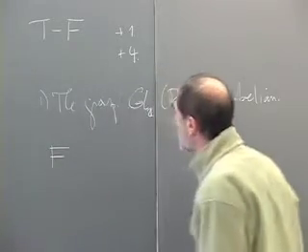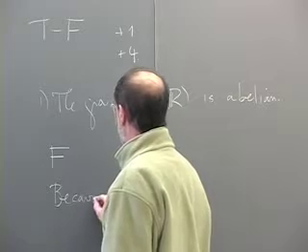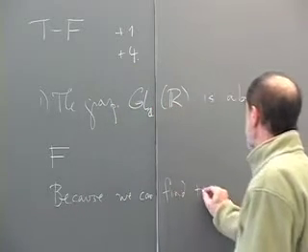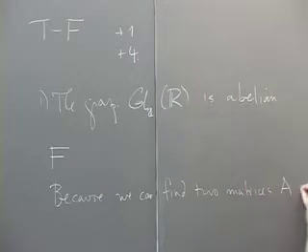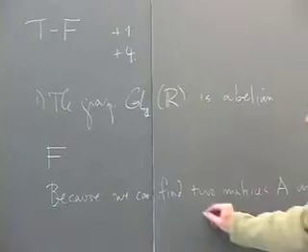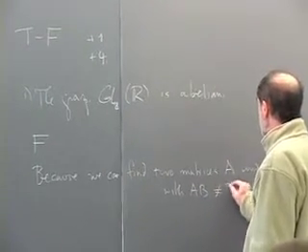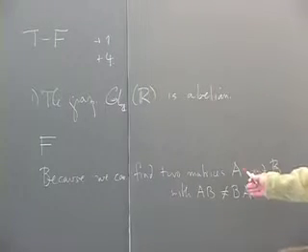And you'd say because we can find two matrices, A and B, with AB not equal to BA. That would be about half credit. That would be about +2.